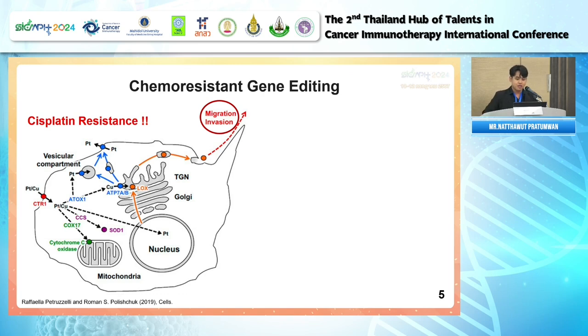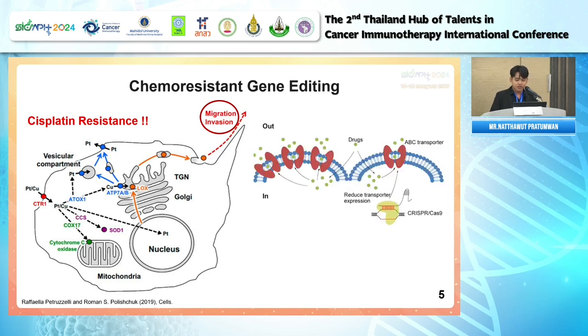I will give an example of research that used the CRISPR-Cas9 gene editing technique to knock out a drug exporting protein in cancer cells. In this research, they used CRISPR-Cas9 to knock out the ABC transporter proteins, which export the drug from the cell and can be key proteins for drug resistance.